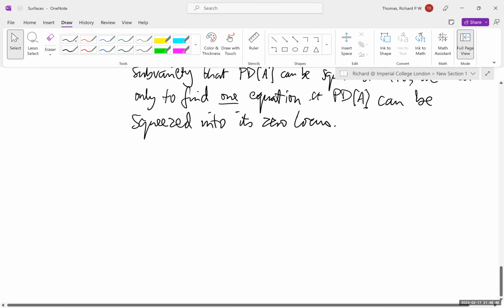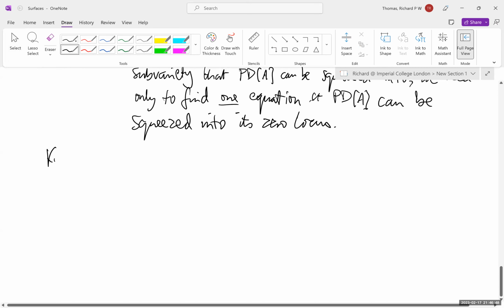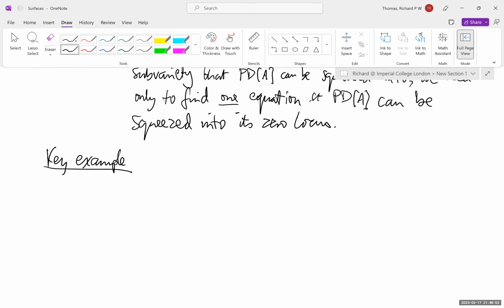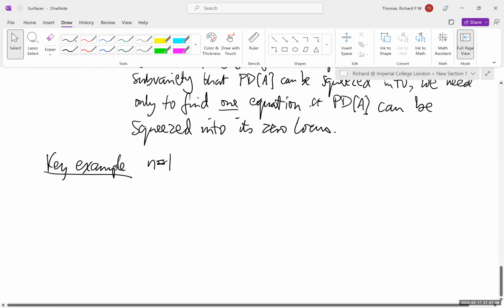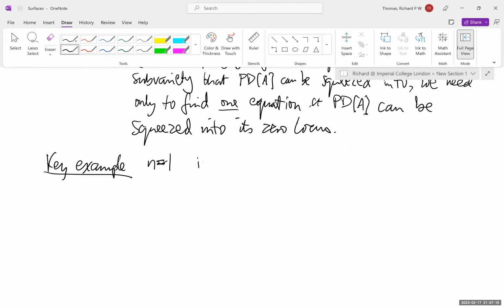Okay, so the key example is the case we already know, essentially Lefschetz (1,1). So we take n equals 1. So we're taking a surface. So X_{2n} is a surface, and we're looking for curves. So divisors or hypersurfaces are then curves. So D will be a curve.